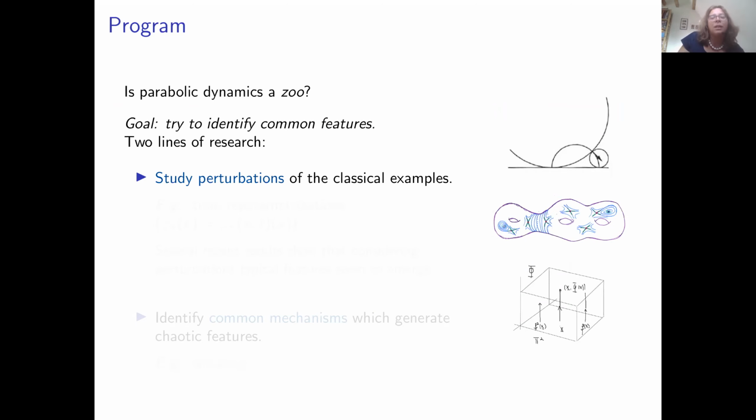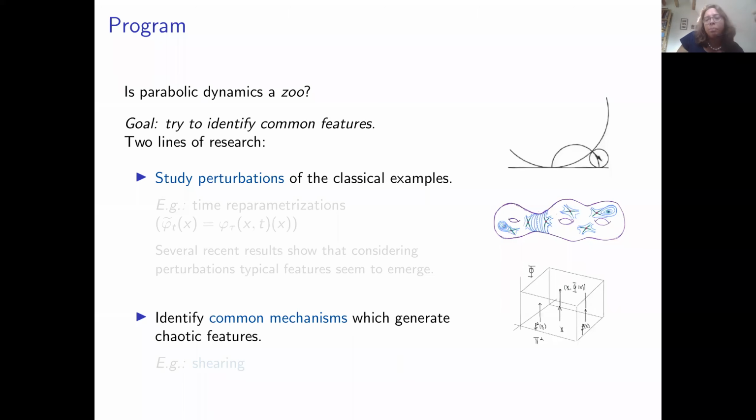So try to understand parabolic dynamics by, first of all, producing new examples of parabolic dynamical systems. And we don't know a lot of examples. So one thing is to perturb the known examples and produce new parabolic flows. And one easy way to do that is to study time reparameterizations. So you take a flow, move on the same trajectories, but with different speed.